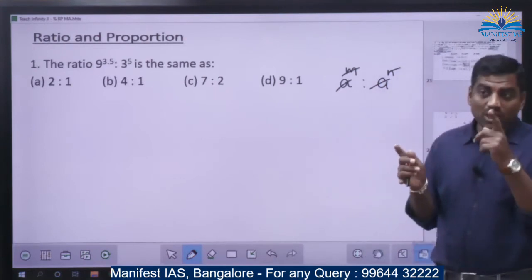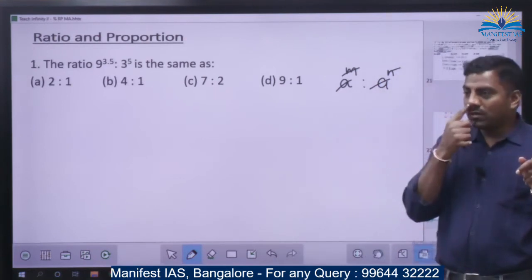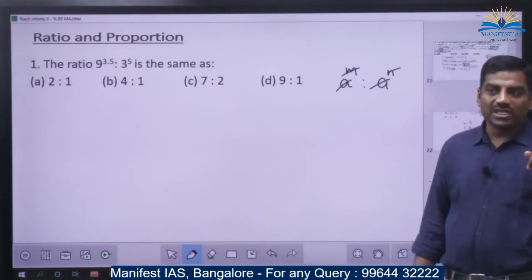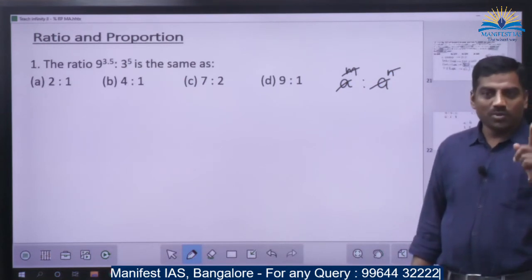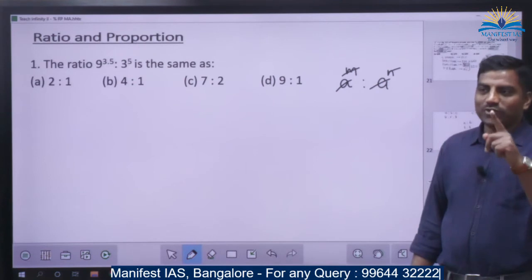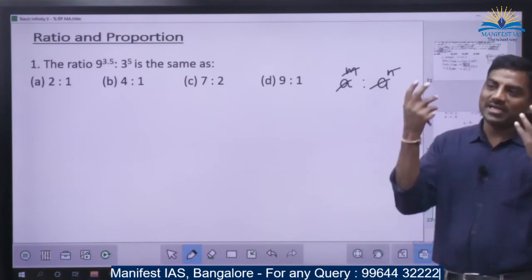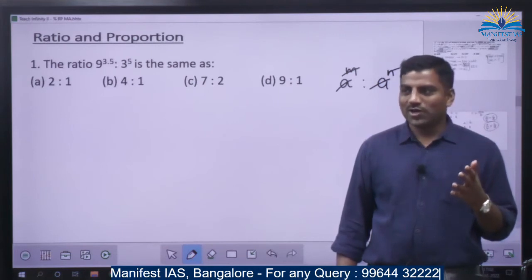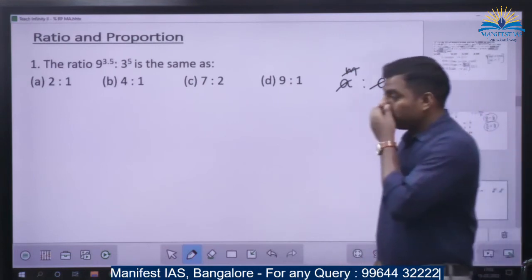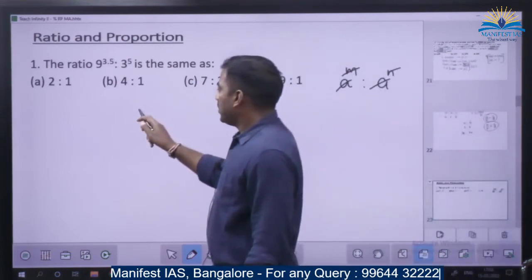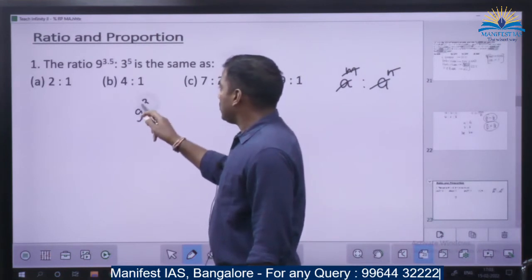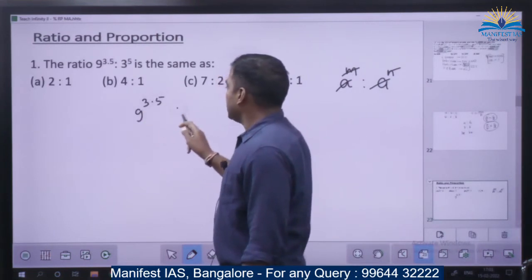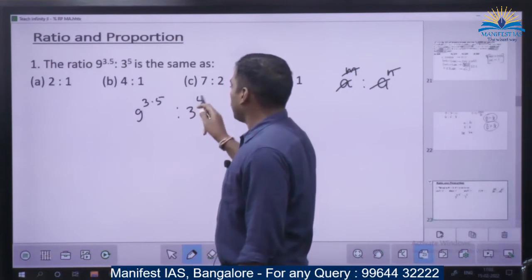Already I have told you what wrong notions you had with respect to surds. A to the power of m plus a to the power of n, you had given me the greatest formula in the world. That was wrong. Yes or no? So, try to simplify 9 to the power of 3.5 is to 3 to the power of 5.